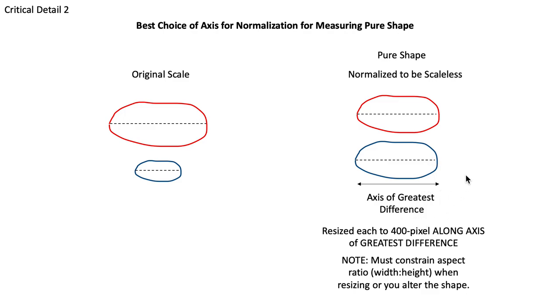That's an arbitrary number, but we always constrain aspect ratio so that we do not skew the shape when we resize. In this way, we're able to normalize the size of every single cup and disc, no matter what the original magnification of the fundus images was. And in this way, we measure pure shape, which is very special to what Shape Genie can do.